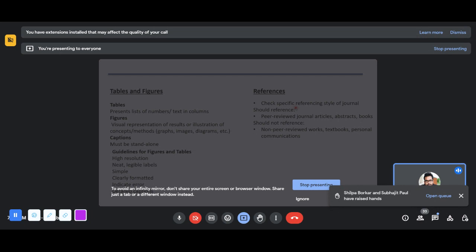So the parts we have already discussed are the abstract, then introduction, then results and discussion, then how to include the tables and figures within that, and then the reference, and then the acknowledgement section. Apart from these, there is also the SI, which I have not included here, that is the supplementary information.